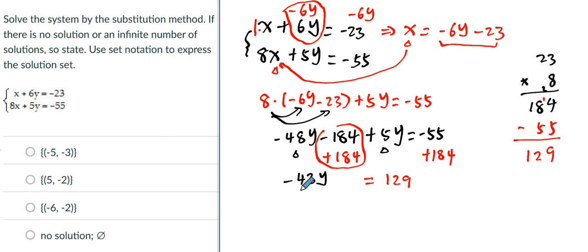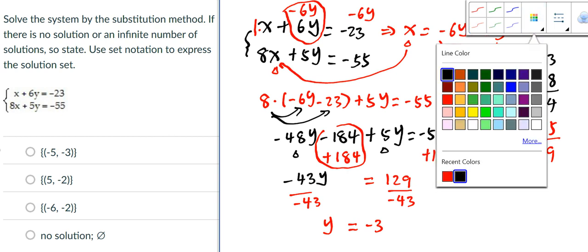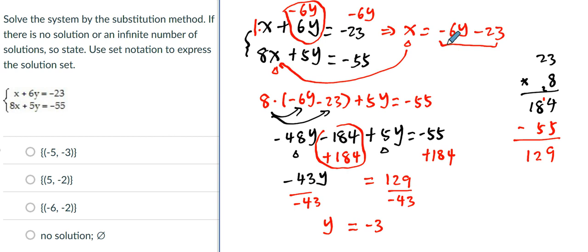And then what we do is both sides divided by negative 43. So what we get is y equals negative 3. Now, since y is negative 3, we are ready to do the substitution as well. Locate back here. If y is negative 3, you plug in negative 3, you should have a value for x.